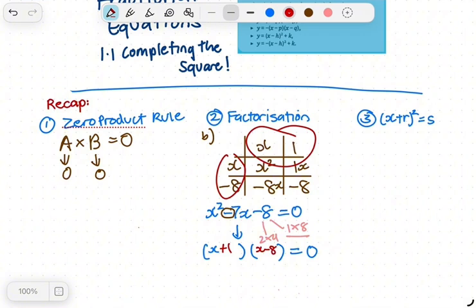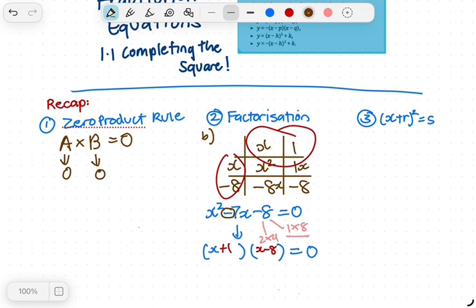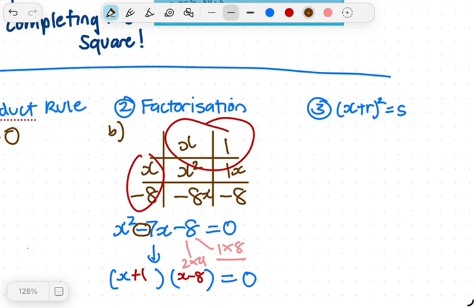Yep. And now on to, to me, the most simple way of solving a quadratic equation: x plus r squared equals s. So let me give you an example. Let's say I give you this expression, x plus 3 squared equals 14. How do you solve it? Are you going to expand x plus 3 squared into x squared plus 6x plus 9, then bring the 14 over and minus it from 9 and then solve by factorization?